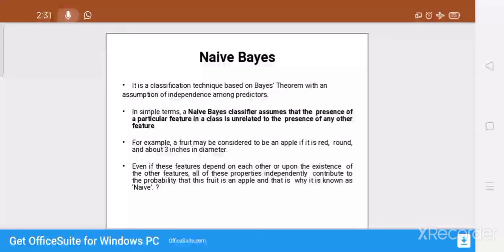So even if these features depend on each other or upon the existence of the other features, all of these properties independently contribute to the probability that this fruit is an apple, and that is why it is known as Naive. From all these three conditions we can say that the particular fruit is an apple, and all the features may be dependent on each other, but each property independently contributes to the probability that the fruit is an apple.